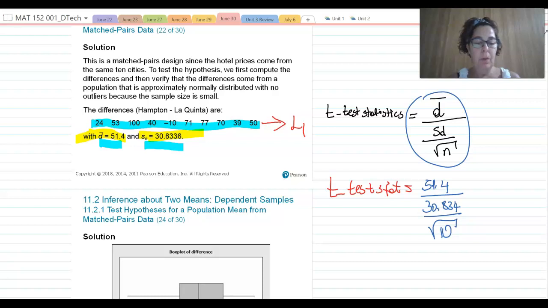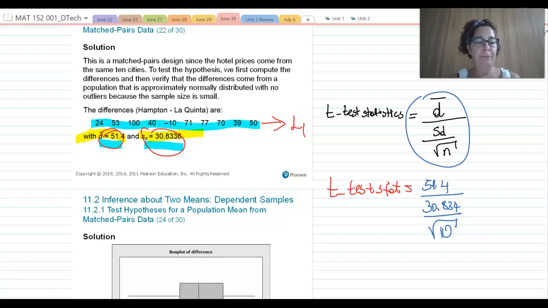So we're going to go stat, tests, t-test, because that's a one sample test, since we've got this difference column. That's what we're going to choose. Since we already found those values, you can use var stats, or you can use the data. That's completely up to you.